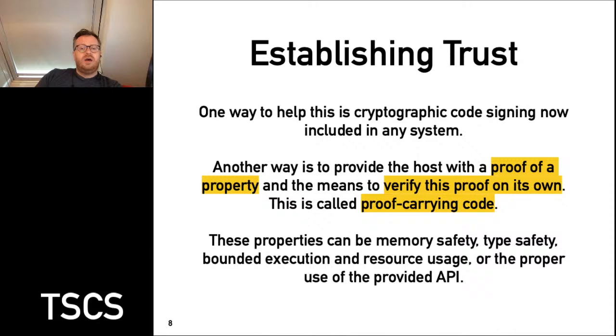You can have things like bounded execution on memory usage. So you can basically do a proof that this code does not, let's say, use more than 12 megabytes of memory, put this proof inside there and give an upper bound and let the client do a check, which might be helpful. Or the proper use of the provided API, you can also do the same thing. And this all helps you to establish trust in the code that you output.